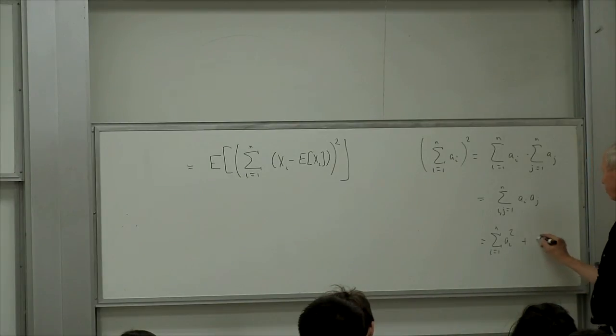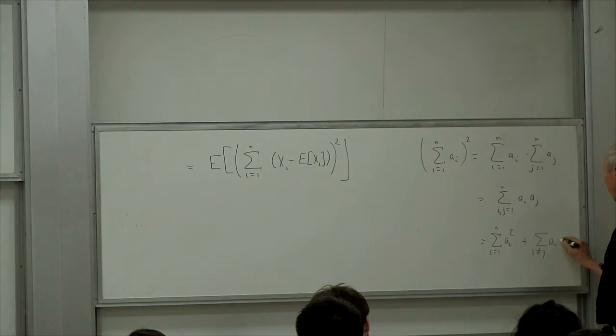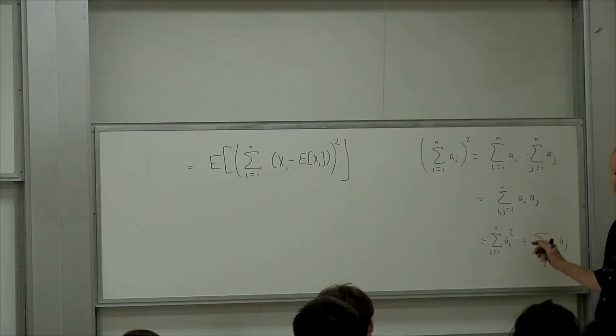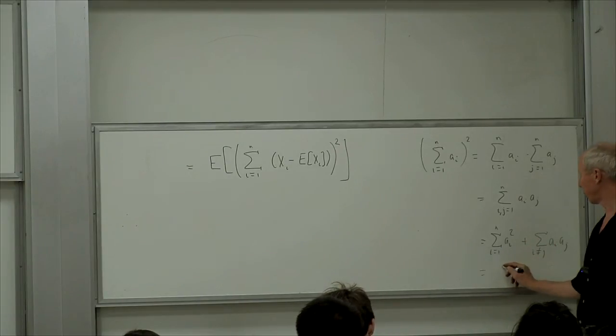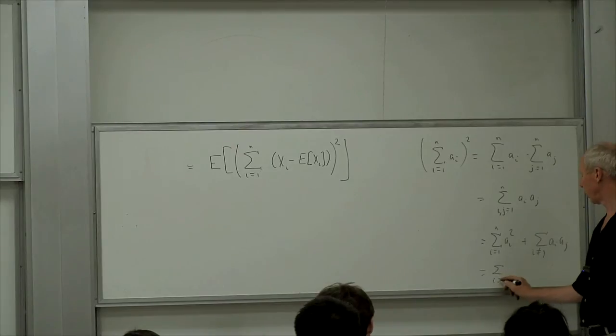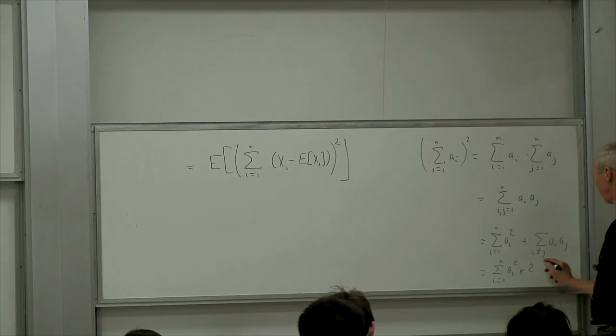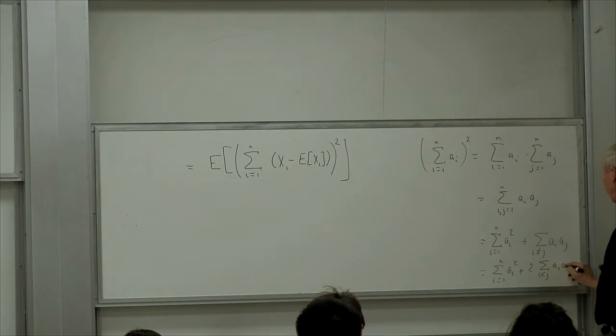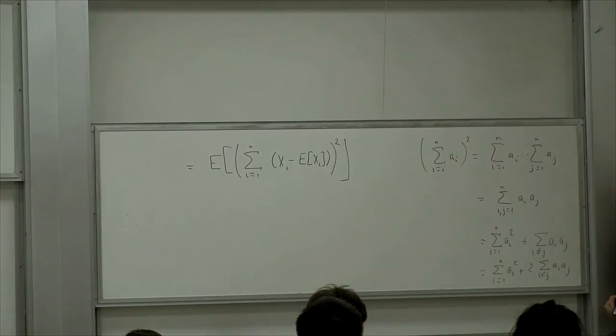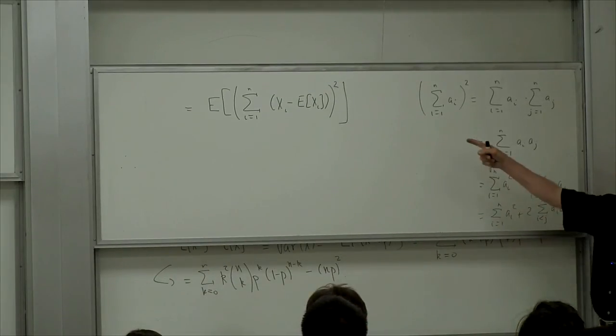And then I get the sum where i and j are different, a_i a_j. But this is symmetric, where i is bigger than j and j is less than i, so I can express this as the sum i equal 1 to n of a_i squared plus twice the sum over i less than j of a_i a_j. Okay, so I'm going to do that here.